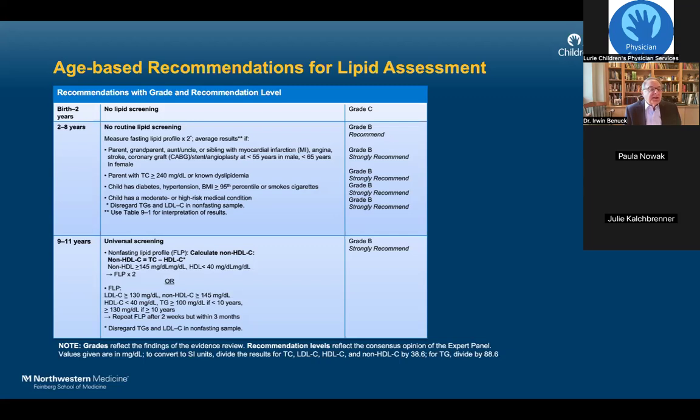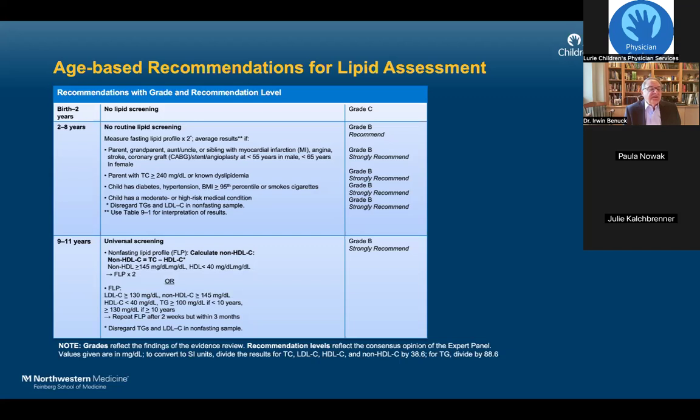So here's where the big controversy came in about universal screening between 9 and 11. We were a panel of 14 people at the NHLBI developing the guidelines, and we really thought that because of the high incidence of familial hypercholesterolemia as well as other dyslipidemia, it'd be a good idea to start screening between 9 and 11 years of age universally.